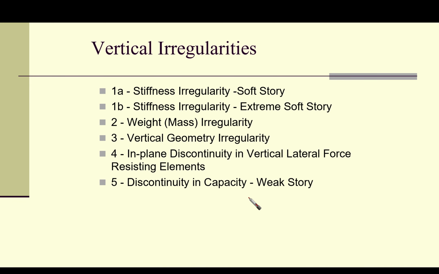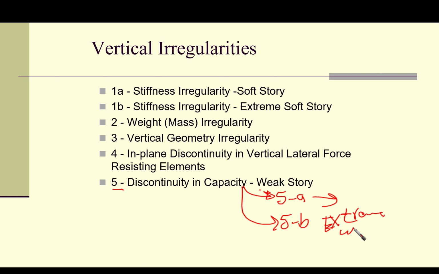Here we have weak story, this is 5, but this weak story is going to be 5A and we have 5B. So this is weak story and this is extreme weak story. And remember, we are going to give a summary for this in an easy way, so don't worry, you are going to find everything written in the summary.